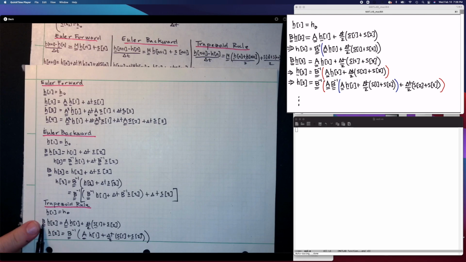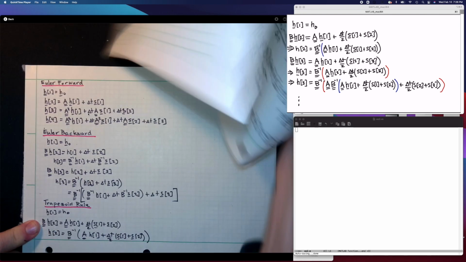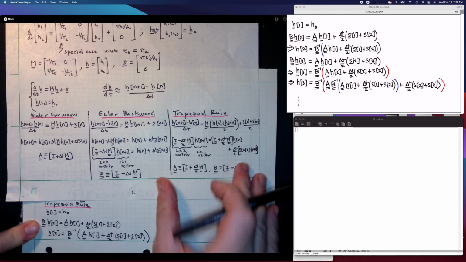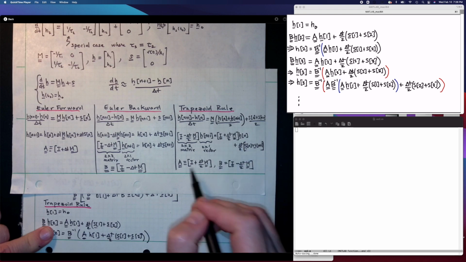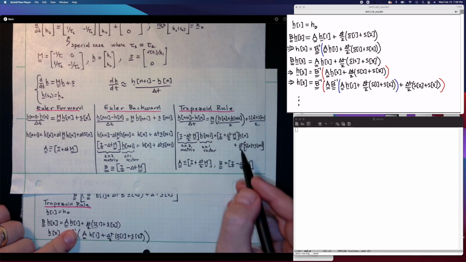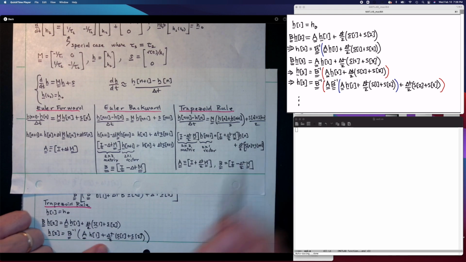So this is this scheme. This matrix here is the B matrix. B times H2 is equal to this matrix A times H1 plus delta T over 2 times the average. And then if I solve, I bring the B inverse over here. And let's do one more time step.